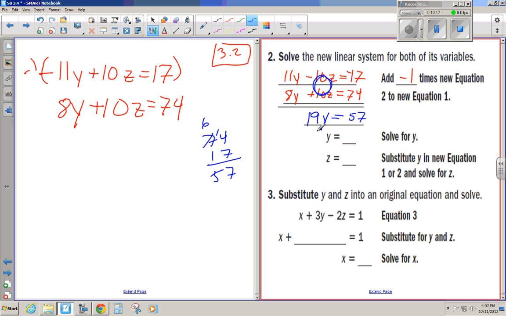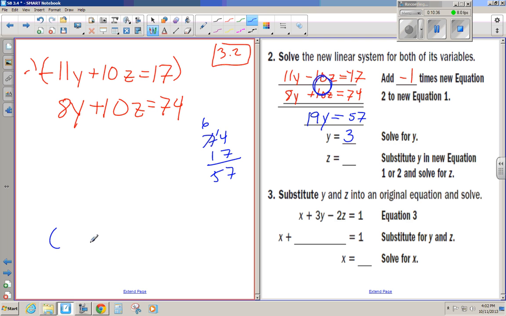When you divide by 19, I'm hoping it ends up equaling 3. So 57 divided by 19 is 3. All right, now I know one of my solutions. I know the y value is 3.